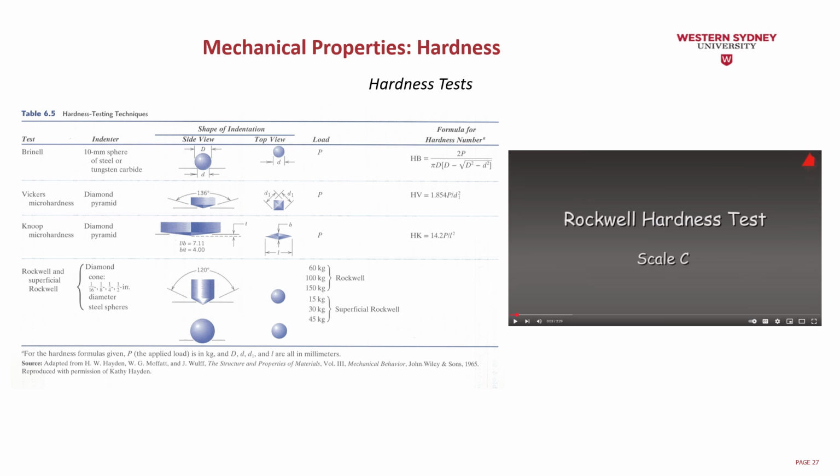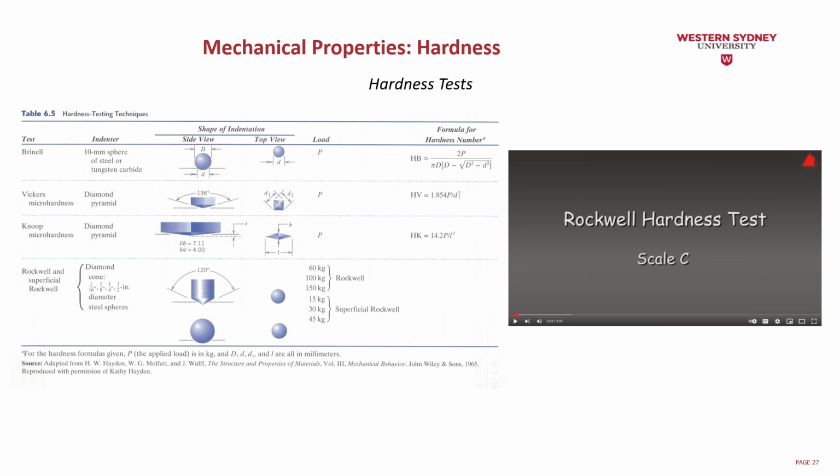We can see that we have two different methods. The Brinell test is the most common one, using a sphere, and we're going to push that sphere over the surface of the material and check what indentation we're going to have. So you can see this is the diameter of the indentation on the material, and this is the diameter of the spherical shape itself.